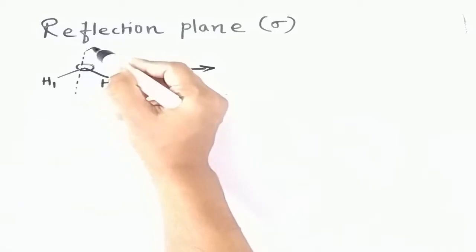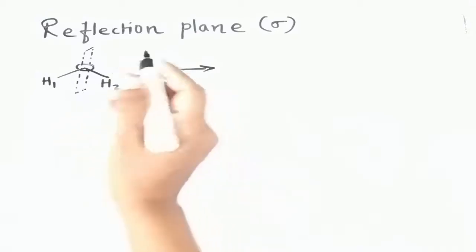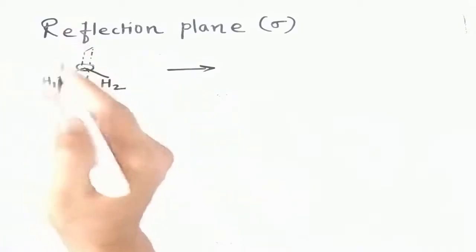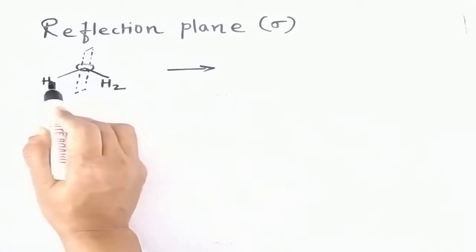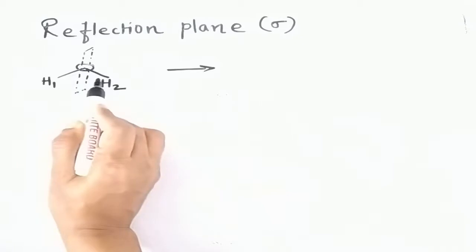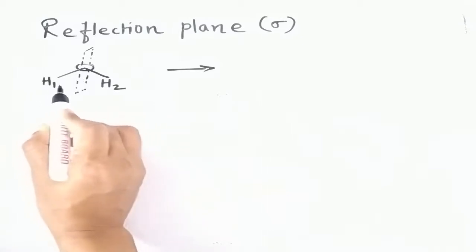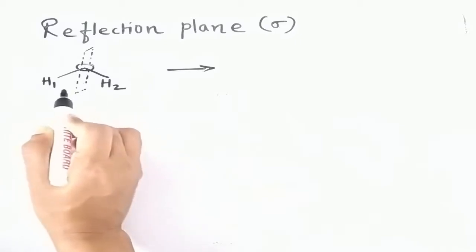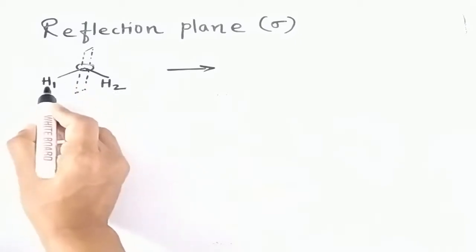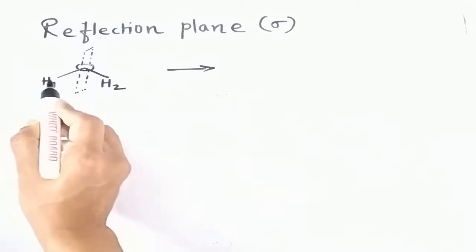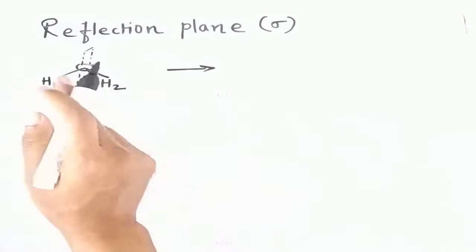As I said, it is an imaginary plane, and if I pass an imaginary plane through this oxygen, it exactly divides the two hydrogen atoms equally. These numbers are for our understanding purpose, and by application of this plane, this hydrogen and this hydrogen will interchange their places.